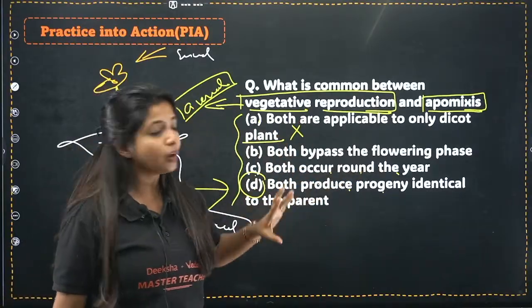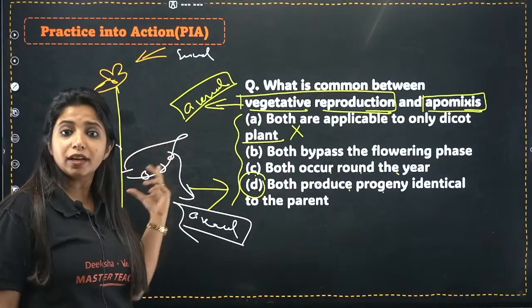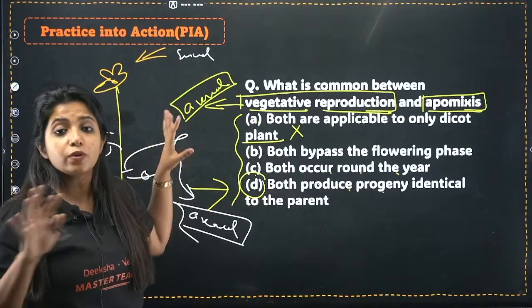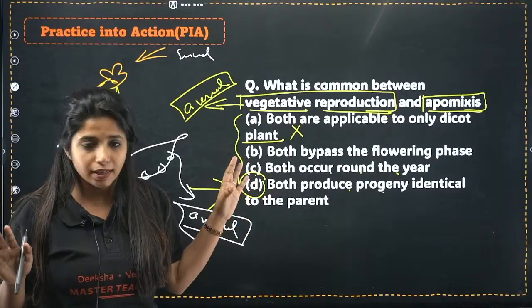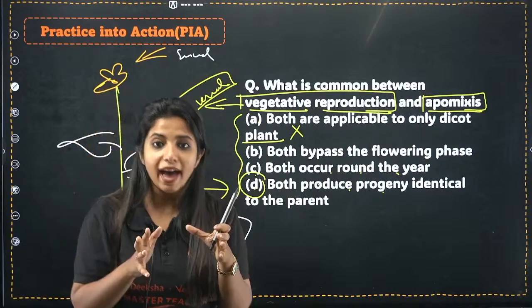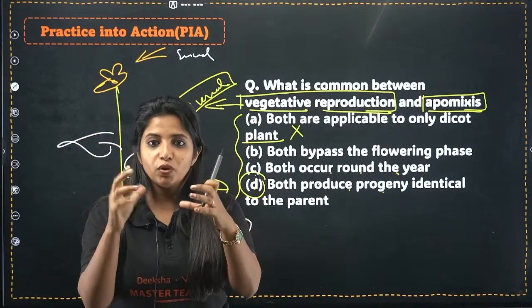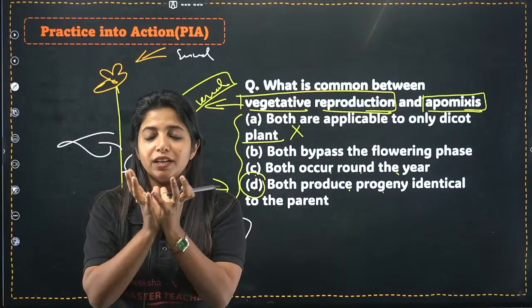Both bypass the flowering phase. Here the flowering phase could be there, but you're depending on the other parts. There is no necessity that the flowering phase would not be there. You need to understand that. Again, in apomixis also you have the seed, that is the ovule and the ovary. Where is it? It is inside the flower, no?